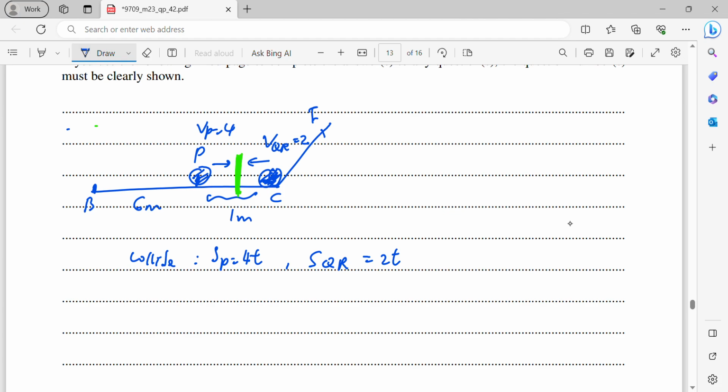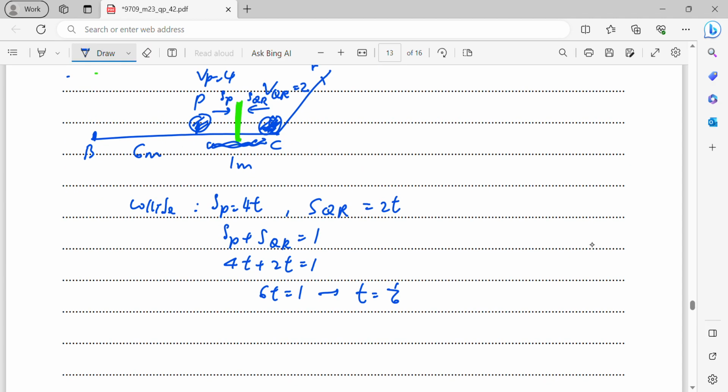From here, I know that the total of these two distances is going to be 1 meter. This is SP, this is your SQR. So SP plus SQR is going to be 1. Therefore, 4t plus 2t is 1, 6t is 1, which means after another 1/6 seconds, they will collide.